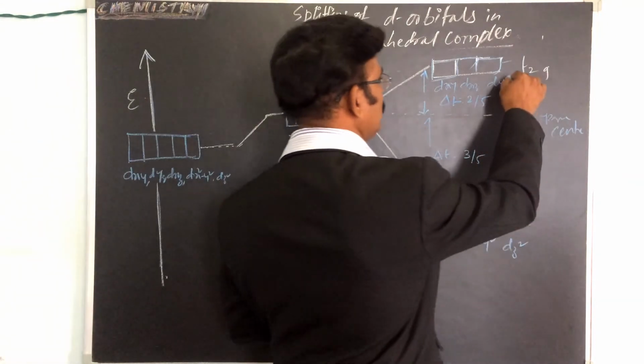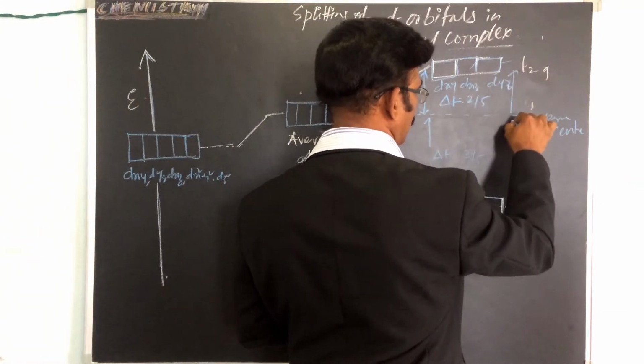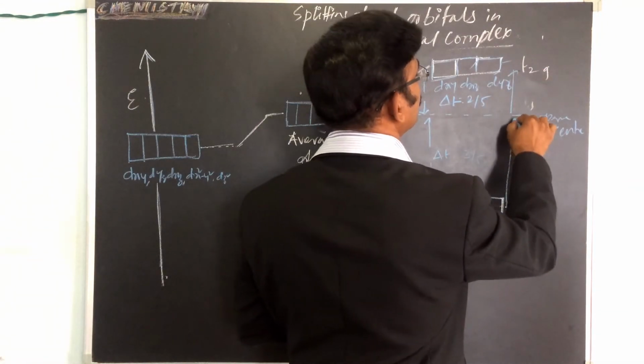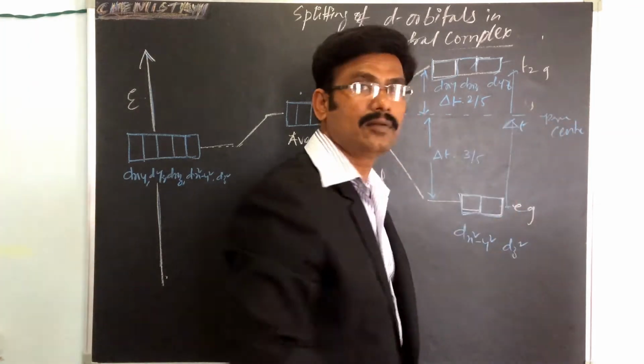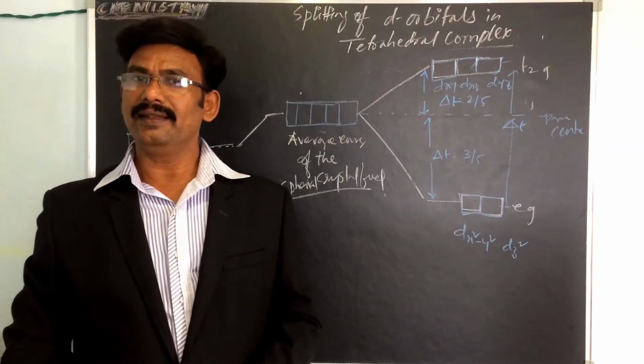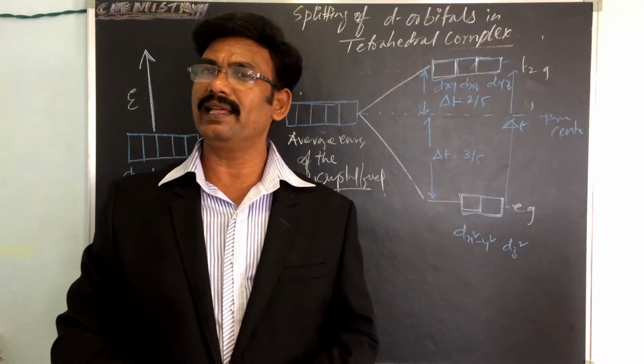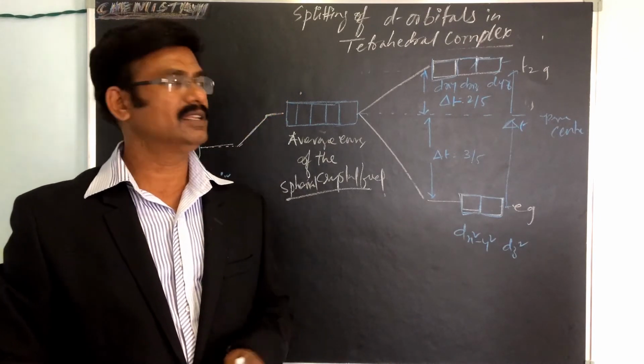So total, this is the diagram of splitting of d orbitals in tetrahedral crystal fields.